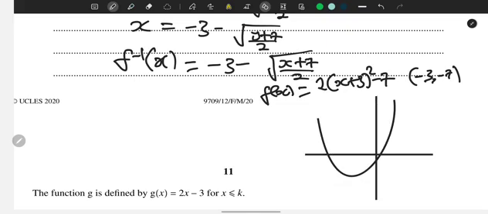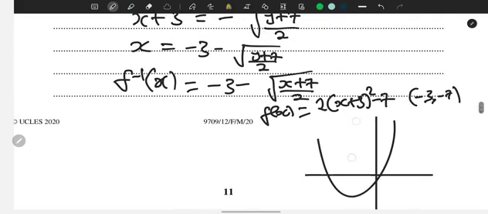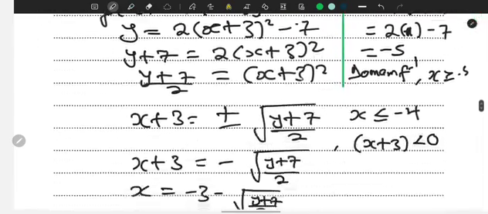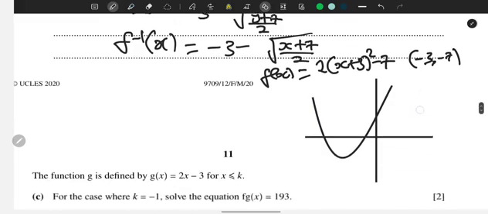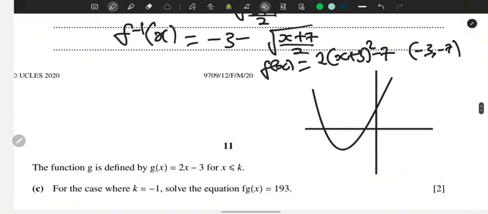Sorry, let me just change this back because of the y-intercept. Yes, I think this is better. So this is the turning point here, and we said the turning point is minus 3, minus 7. So that means x here must be minus 3.